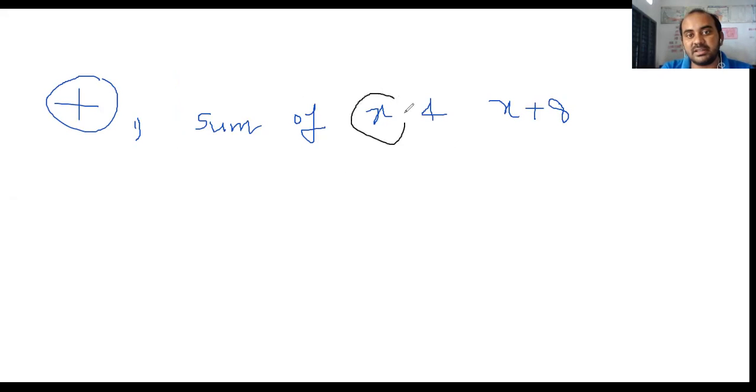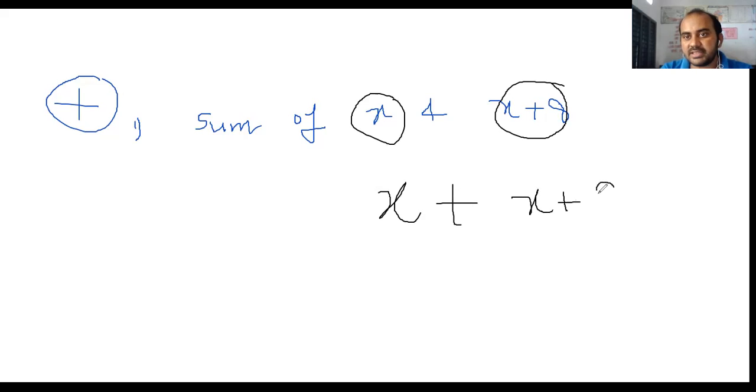Here the first term is x, the sum means plus, and the second term is x plus 8. The first term I copied here, plus means sum, and the second term is this one.